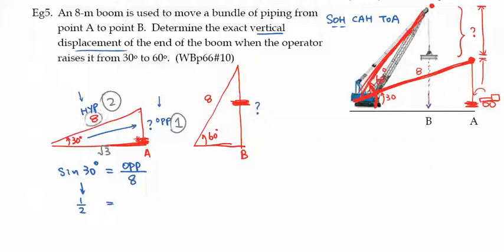So if you have 8 for the hypotenuse, you would expect to get a 4 for your opposite, which will be the case if you continue to solve this. Multiply the 8 to the other side.